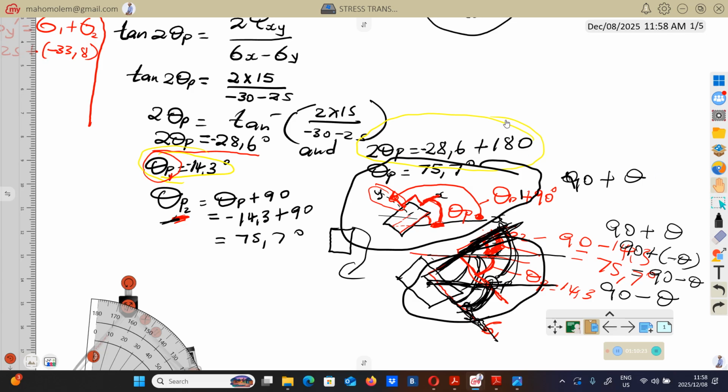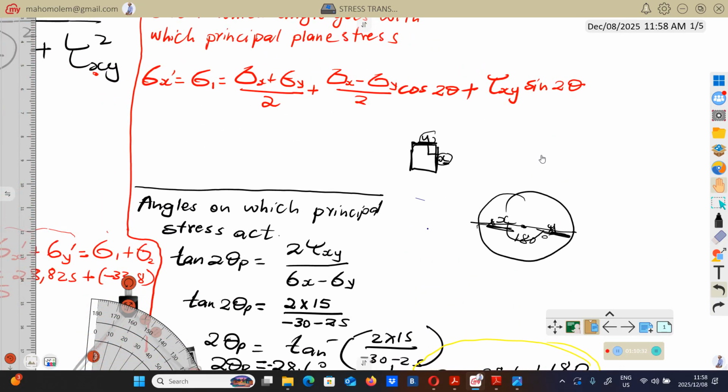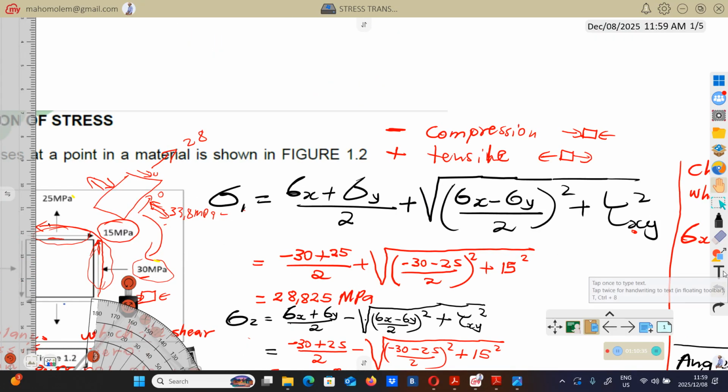So to check which angle goes with principal stress, you are going to use this. As I've been explaining using this, let me continue with it. What did I say about normal stress? Normal stress is the stress that acts perpendicular to the plane.